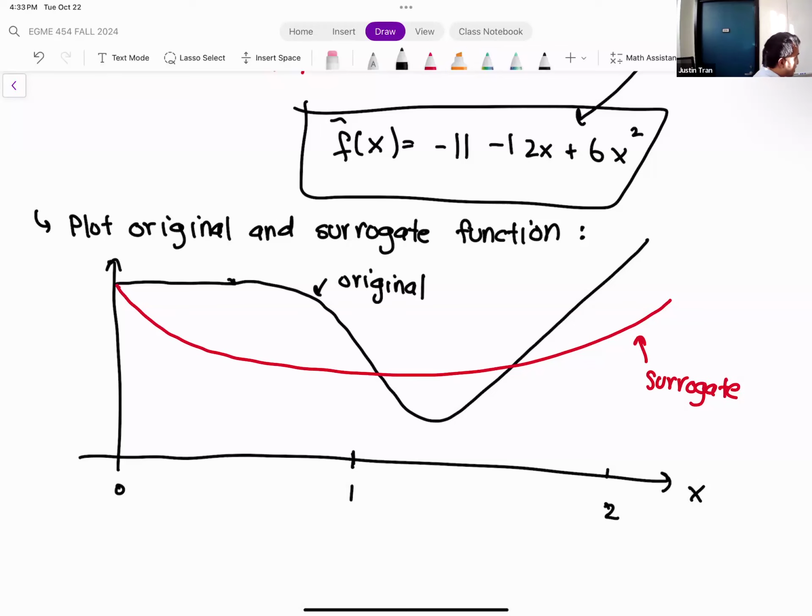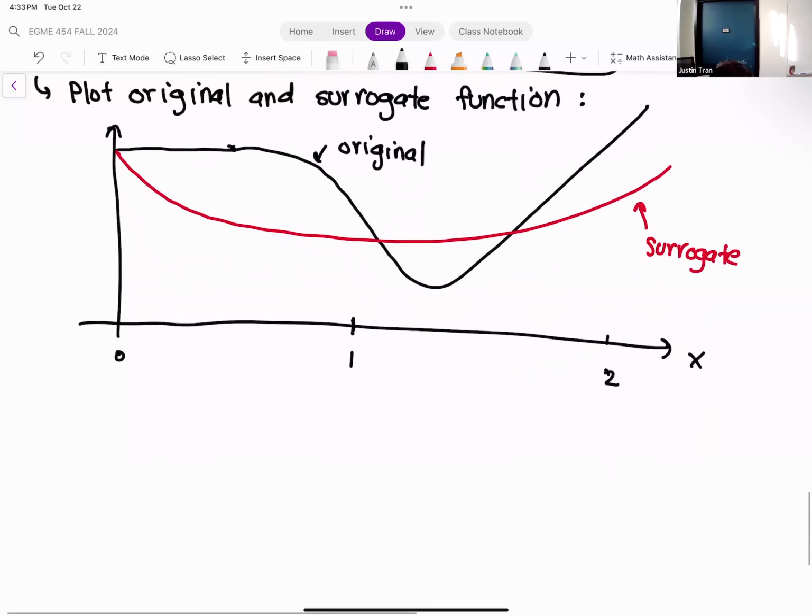Okay, but this graph actually has one very important quality that we want, and it goes back to the question of why we chose x equal to 0, 1, and 2. These two functions are not that similar, but something really important happens for both of them. Both of these functions achieve a local minimum within that range.